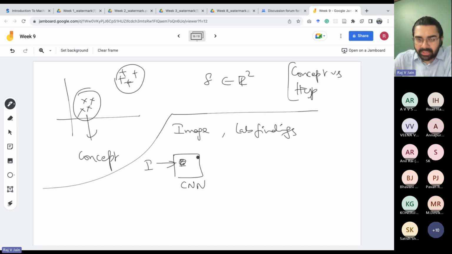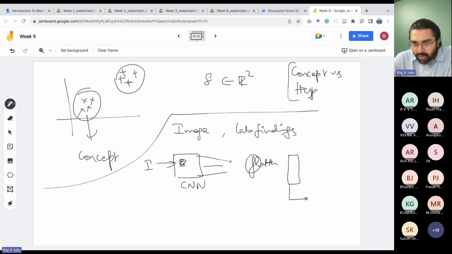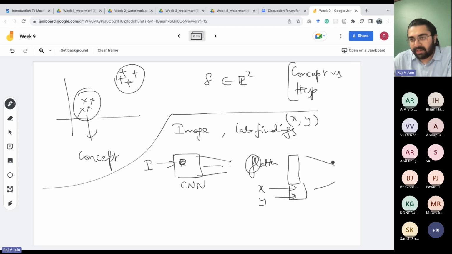After some number of layers, you have a flattening layer, and now it has become one vector. Now you append your lab findings data, because these are just real numbers. Let's say you have two values, X and Y. X goes here, Y goes here, and all of this goes into a feed forward network which predicts some output. All of these weights are used in this format, and the image is passed through the CNN. This is one way of doing things.